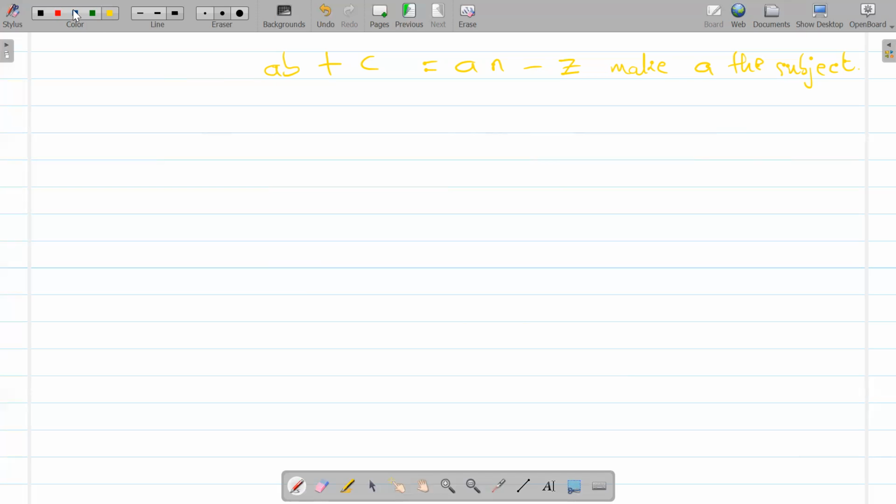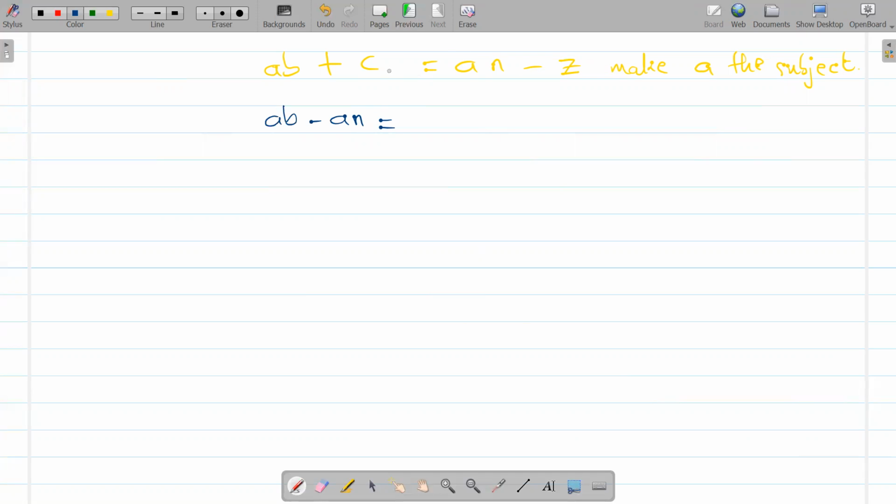Okay, so walk me through the process. So A is equal to C. What I did here is AB minus AN equals C plus Z. Because AB, the AN moved, right?